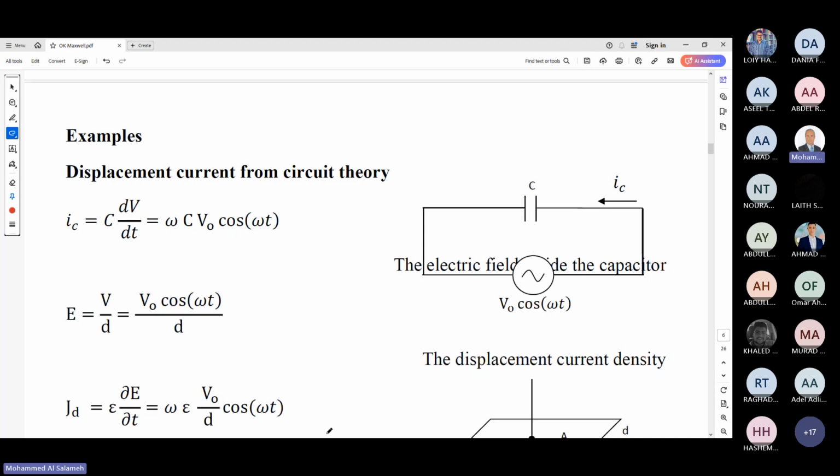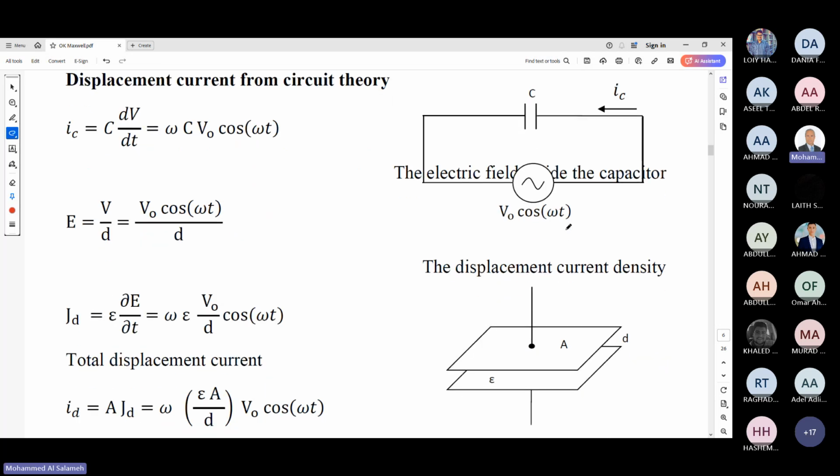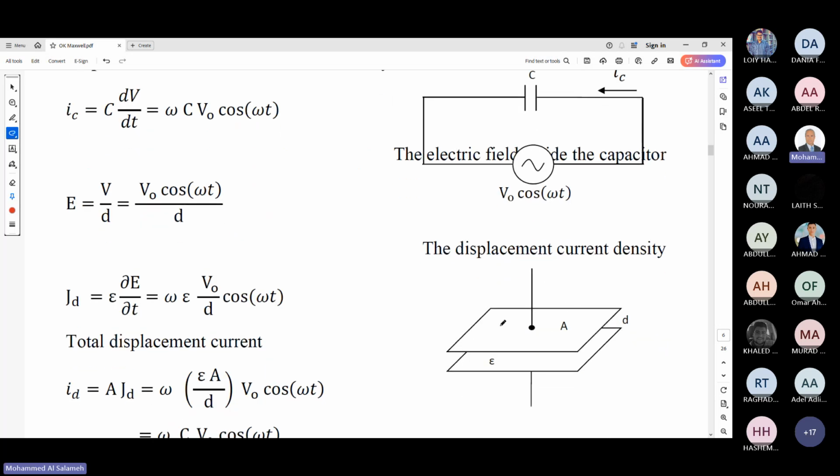Okay. Here we have this electric circuit. We have a source V naught cosine omega t, a simple source, and we have the capacitor, and the current in the capacitor. This is a parallel plate capacitor, with area A, the distance between the plates is d, and the permittivity of the medium inside is epsilon.